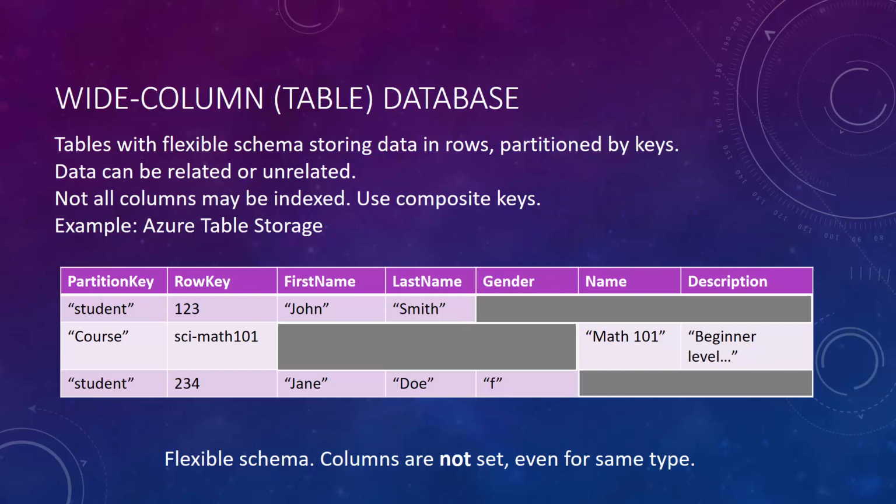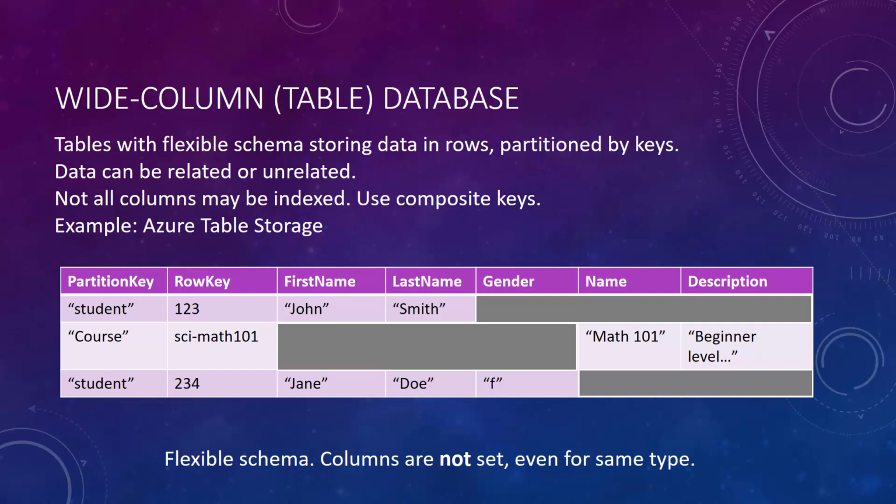So if I wanted to run a query and say the last name must be Smith, I really couldn't do that efficiently. I can run it, and it will cause a table scan. So if I have 1 million records in my Azure Table Storage table, that means my query will have to look at each and every entry one by one.